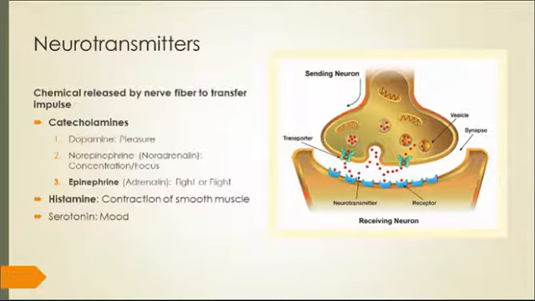There are 5 neurotransmitters released at the end of the nerve fiber that go across the synapses, and catecholamines are released during stress. That's your dopamine and norepinephrine, and your epinephrine, which is adrenaline or your fight or flight. Also in there is your histamines.